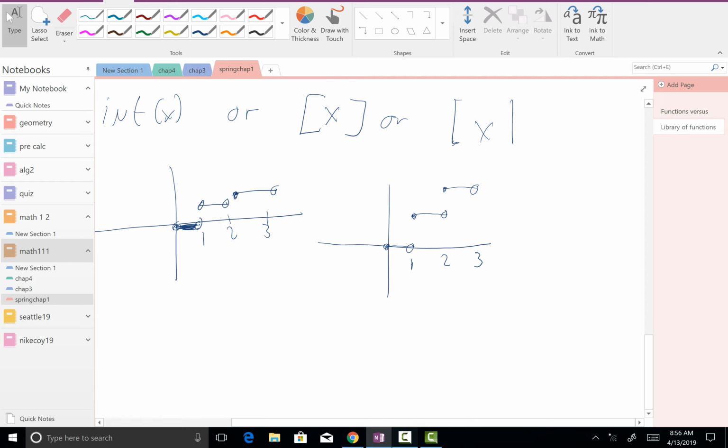So what are you describing here? If you were to try to state the domain. State the domain? The domain's still all real numbers. Because if you slide these down, it's going to cover everything on here. But the range is going to be those integers.